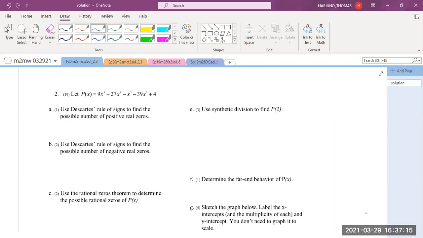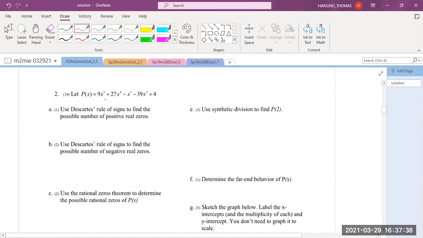Okay, number 1, we have that polynomial. Use Descartes' rule of signs to find the possible number of positive real zeros. Positive real zeros depend on how many variations of signs we have for the polynomial.